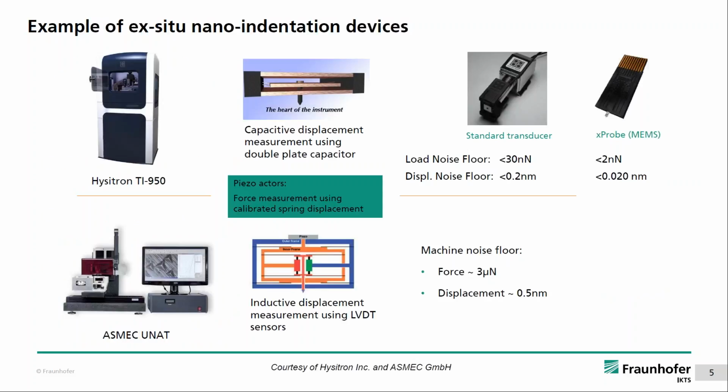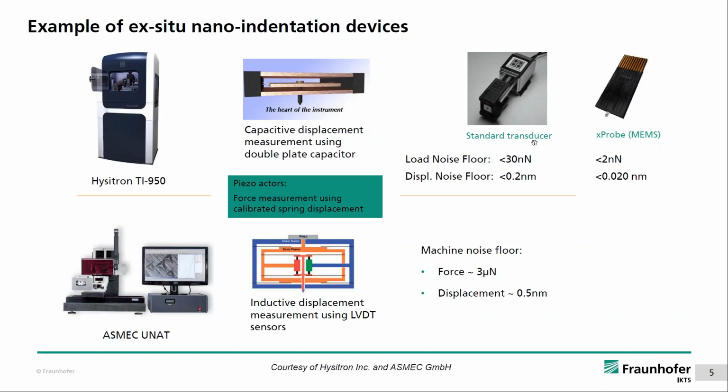There are different tools available on the market. I of course cannot show every tool, and they also have different working principles. I use mainly two tools. One is the Hysitron TriboIndenter 950, where the displacement is measured using a capacitive displacement sensor, a double plate capacitor, and we have two different transducers for this.